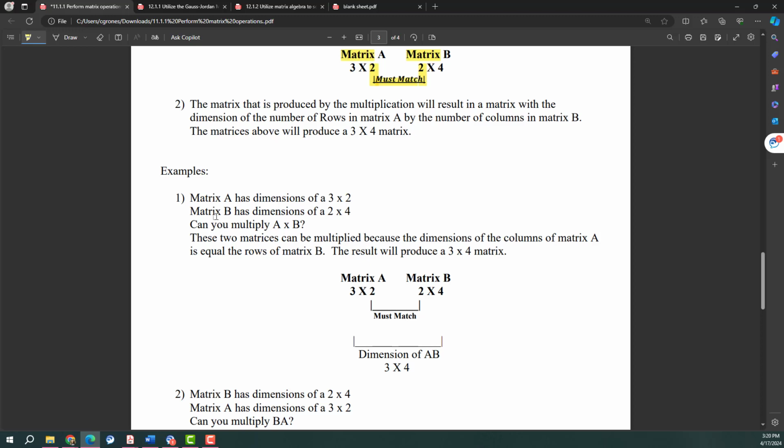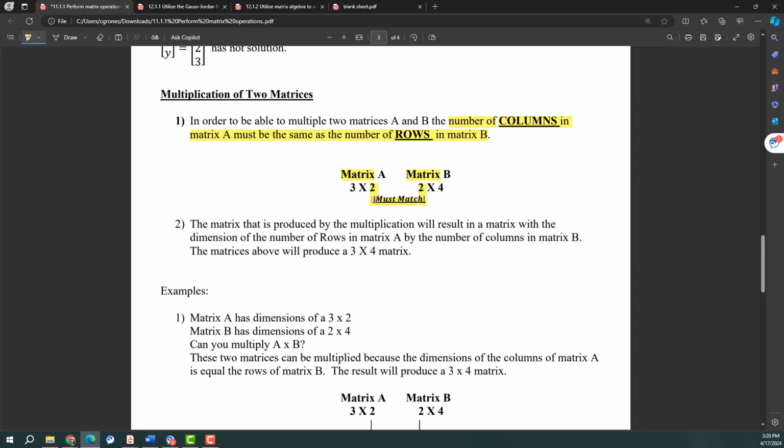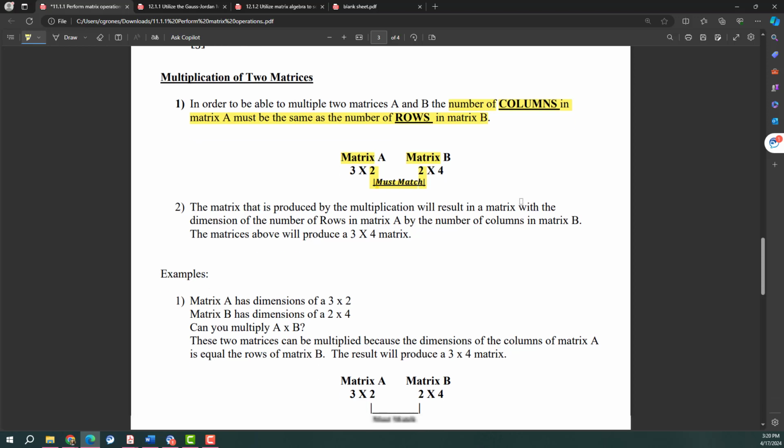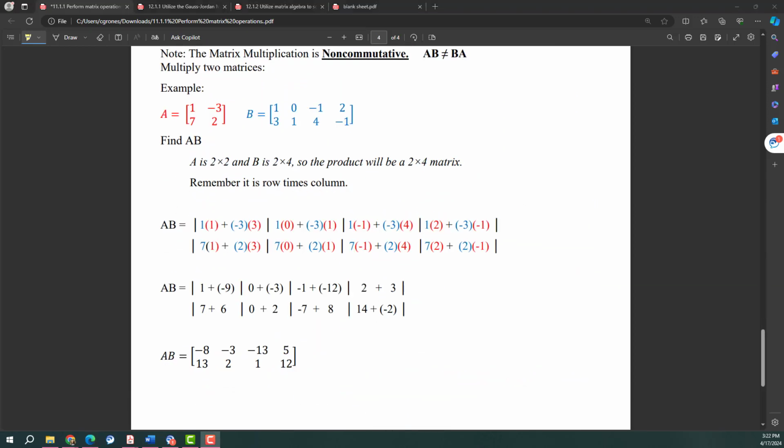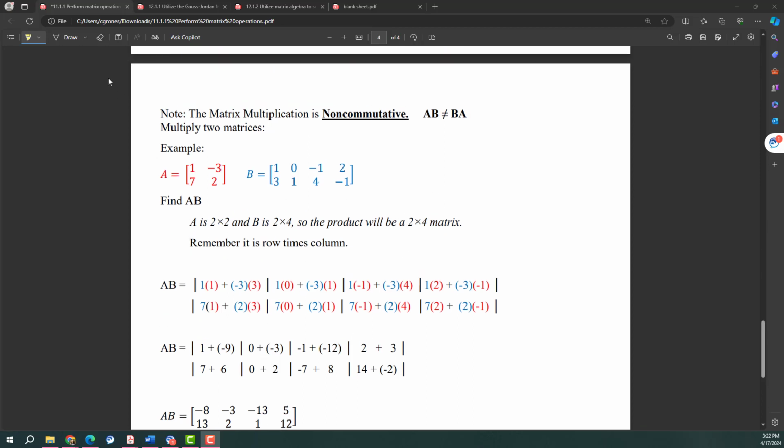And then there are some examples down here of multiplying. So once you determine that these two are equal, then you can multiply. So when you're multiplying two matrices, remember that it is row times column.